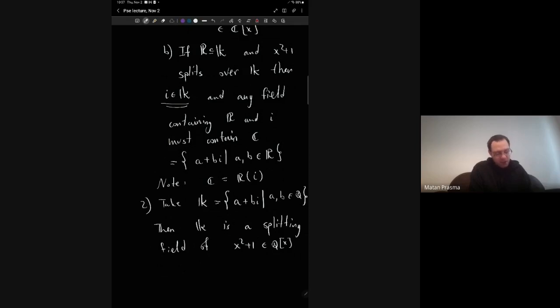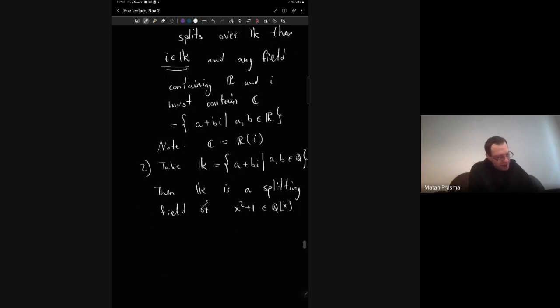So you could start with the field F equals Q and ask, what is the splitting field of this polynomial x squared plus 1 over Q?